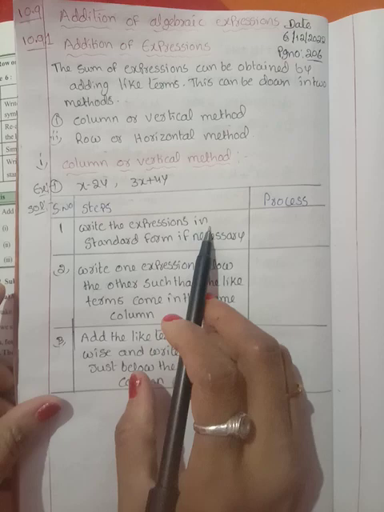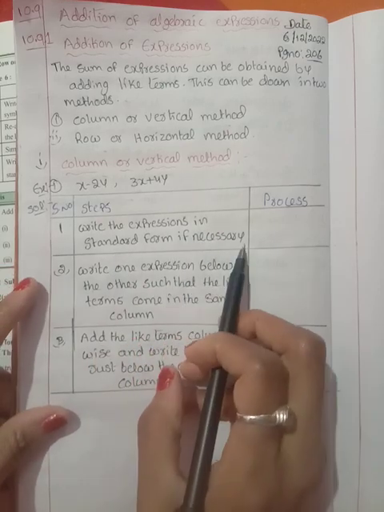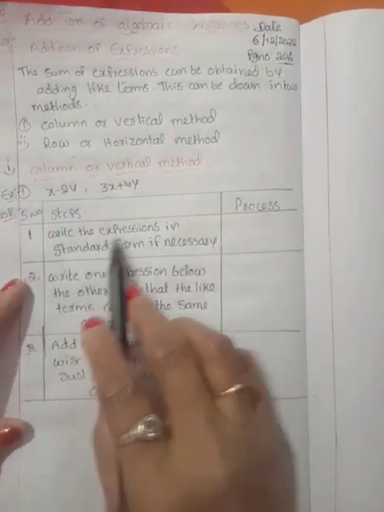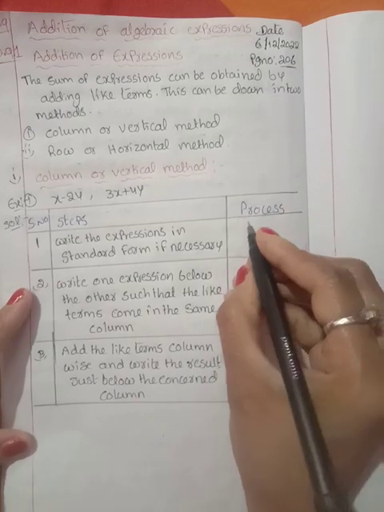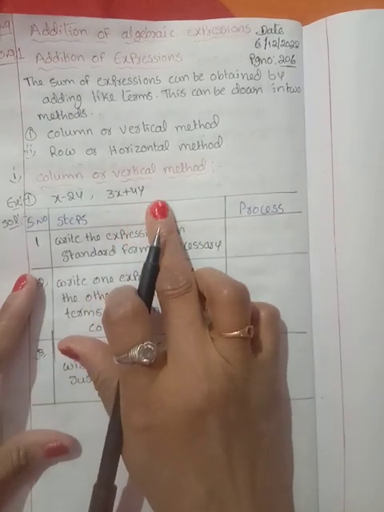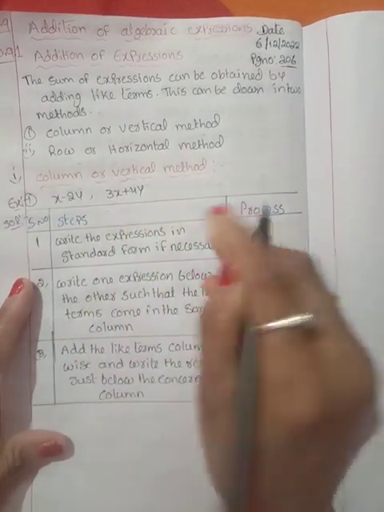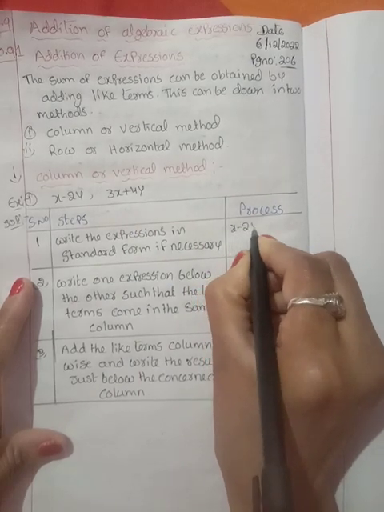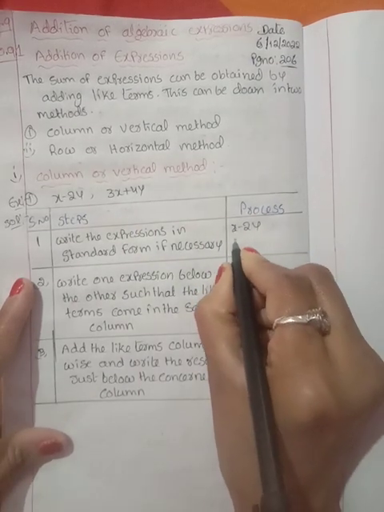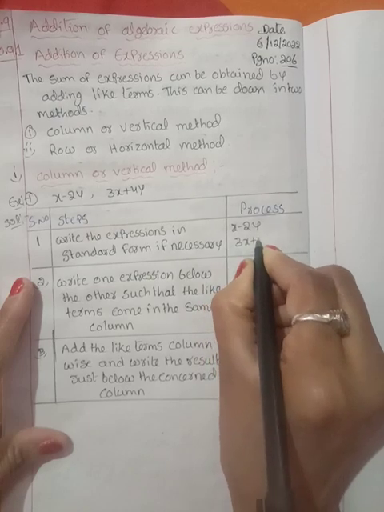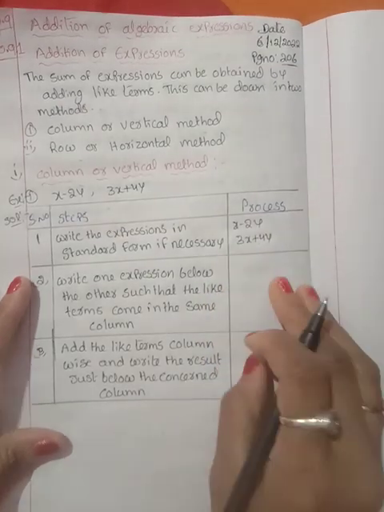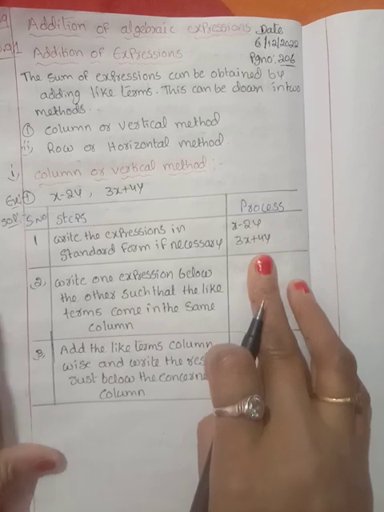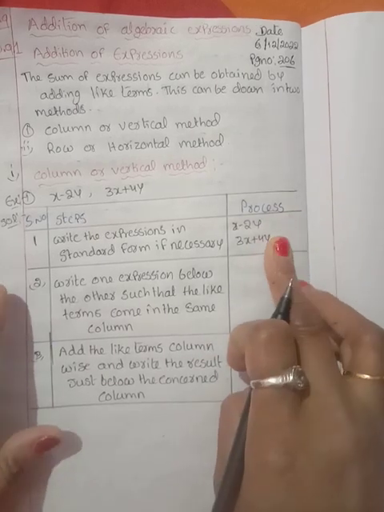First of all, write the expressions in standard form if necessary. Here it is x minus 2y and 3x plus 4y. These are already in standard form.